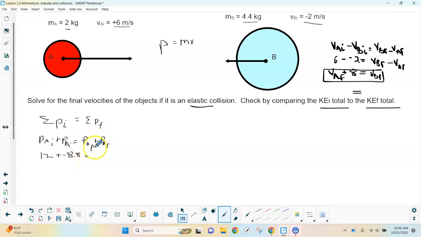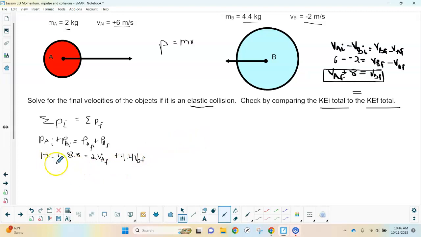On the right side of this equation, I have PAF, which I don't know the velocity, so it'd be 2 times the velocity of A final, plus B, which has a mass of 4.4, and I don't know the velocity of B final. So I'm stuck with 2 variables in this equation, and that's okay because we're going to have 2 equations.